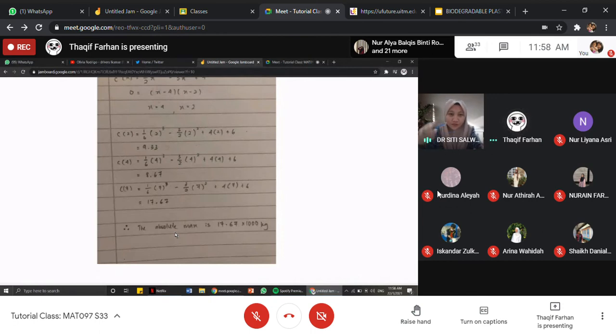Closed interval [0, 7]. Okay, so the maximum is 7. If more than 7, the government does not allow it.